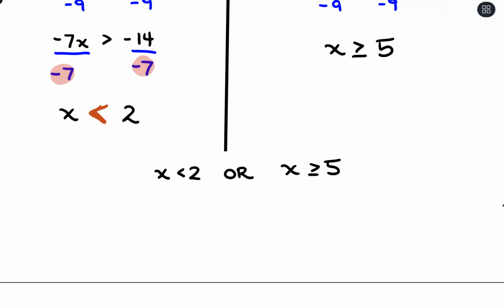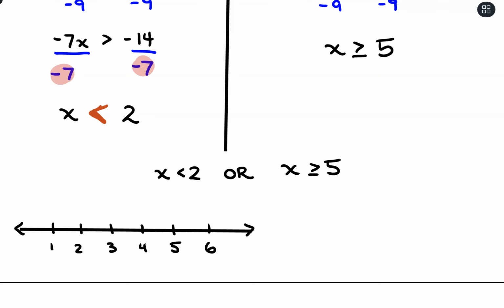So in terms of a number line, what we'll see is, let's go 1, 2, 3, 4, 5, 6. So x is less than 2, so we'll have an open circle at 2 and then everything's smaller.